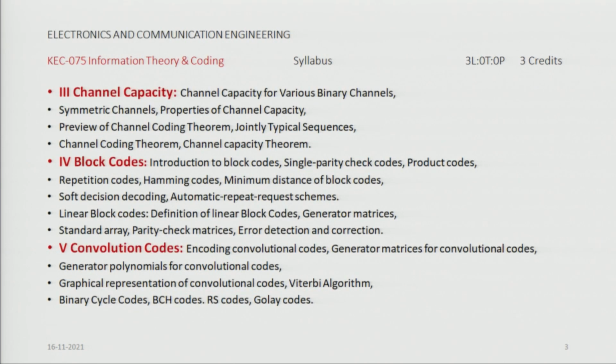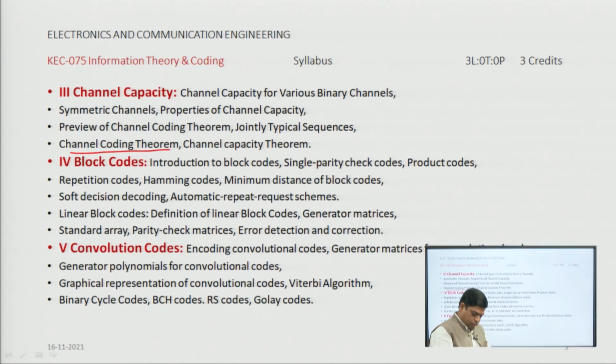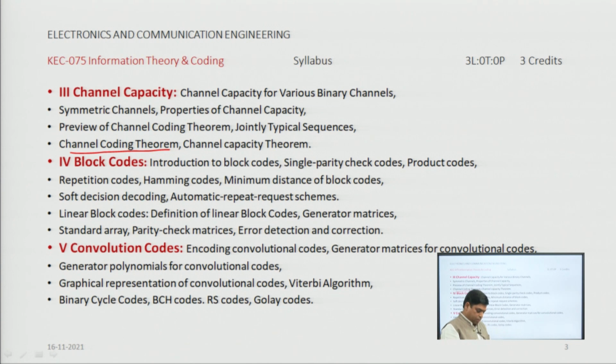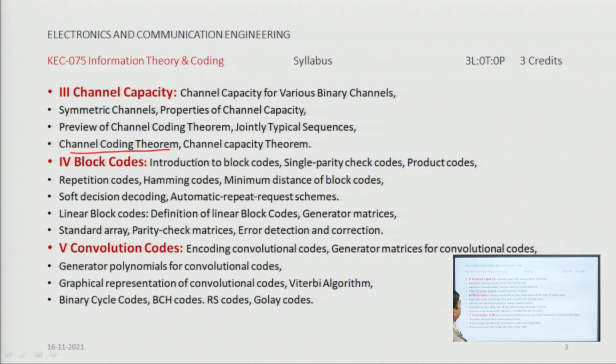In the third unit we cover channel capacity. Here we will cover the channel coding theorems. To improve the error performance of the channel, we do some channel coding in the block of the channel encoder.